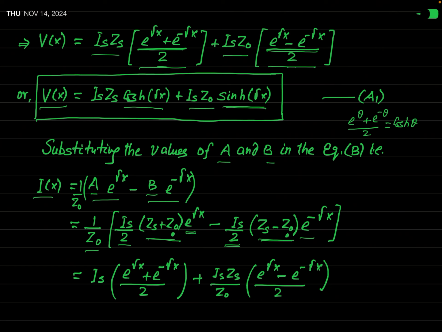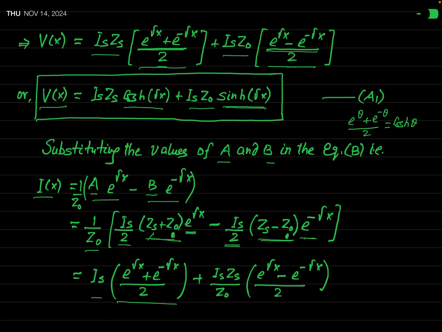So this Z naught in denominator and this Z naught in numerator will cancel out, and only the factor Is over 2 will remain, multiplied by e to the power gamma x times e to the power minus gamma x. Here this minus will become plus. So when these two dotted terms I have marked here by dots will be associated, your result will be Is times e to the power gamma x minus e to the power minus gamma x over 2.